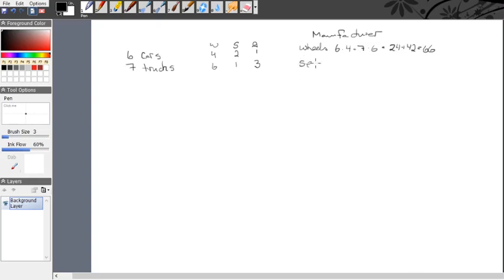Seats, again, very easily: 6 times 2 for the cars plus 7 times 1 for the trucks is 12 plus 7, which is 19 seats. And gas tanks: 6 times 1 for the cars plus 7 times 3 for the trucks, giving us 6 plus 21, which is 27 gas tanks. So that's not a particularly difficult calculation.